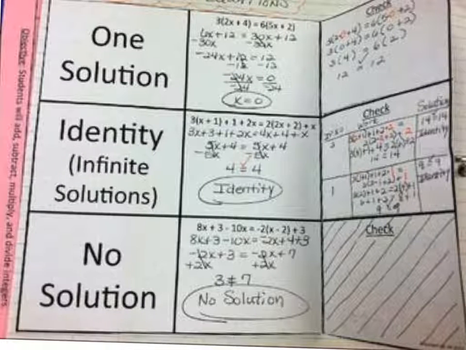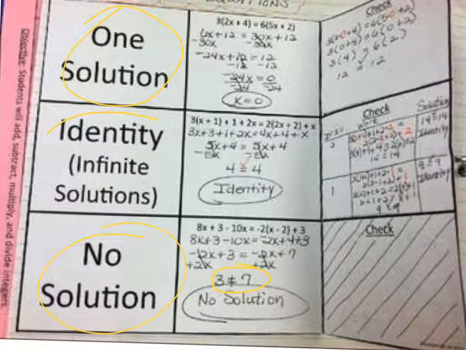Now, so far we've worked with linear equations that have one solution, and that would be right there. But you can also have equations that have no solution, meaning you could work it out and when you plug it back in and check it, it doesn't work out.